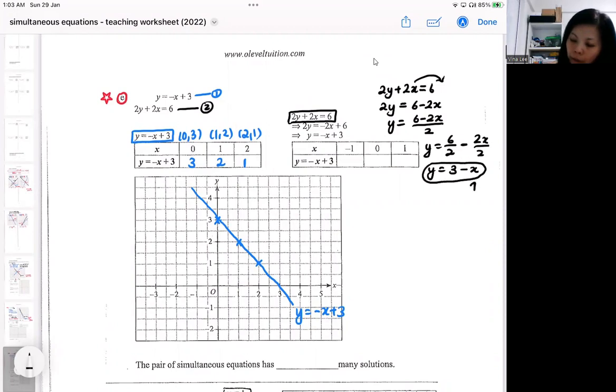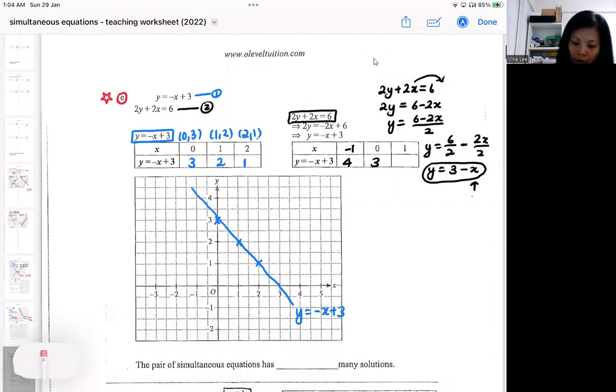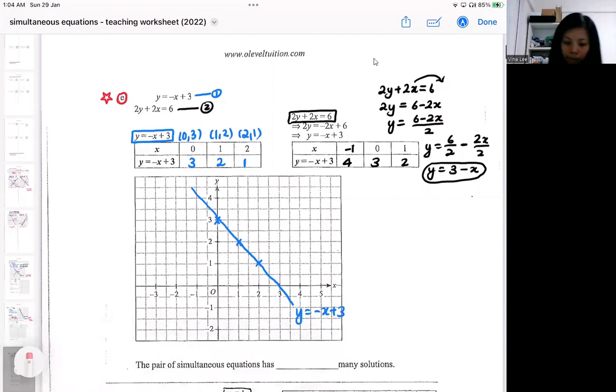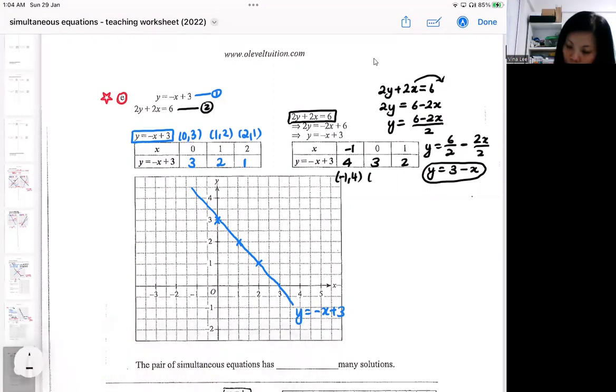So here I can put in my x. So I can put in the -1. When I put in the -1, I got the 4. When I put in a 0, I got a 3. When I put in a 1, I get a 2. Okay. So you still get the 3 coordinates.